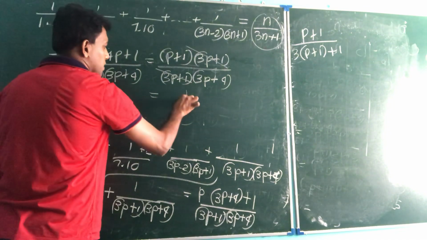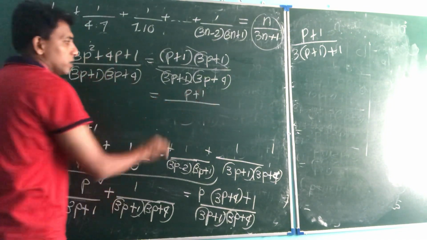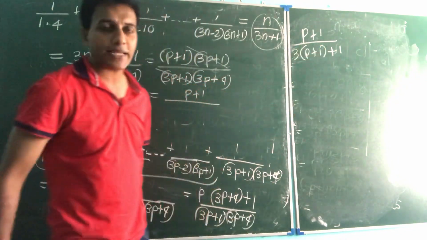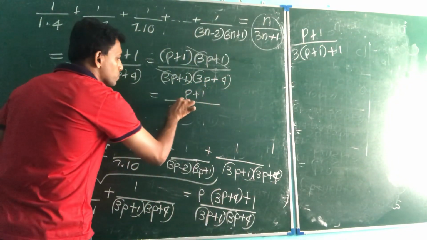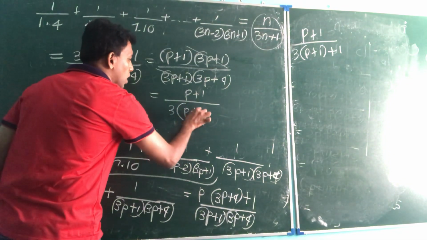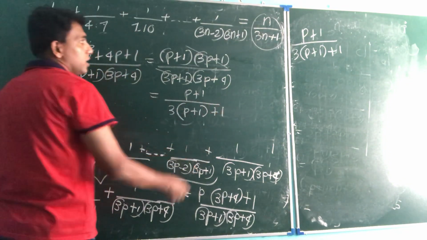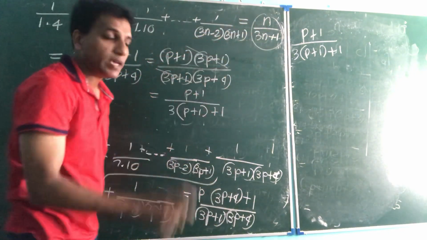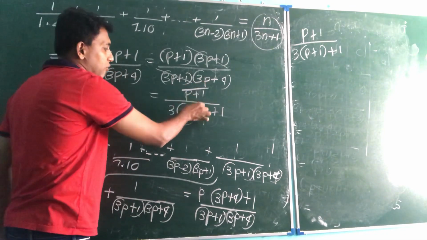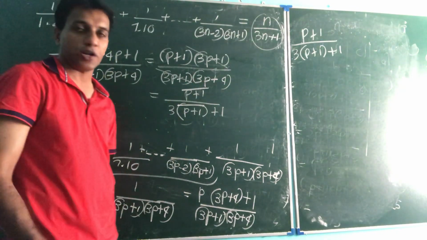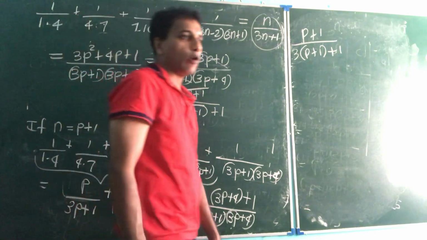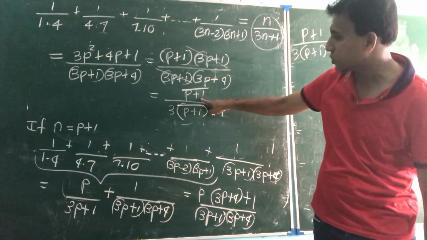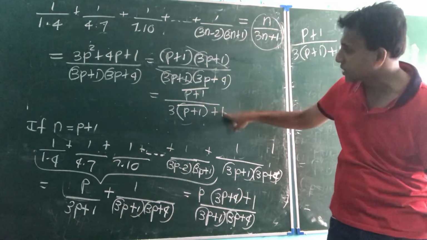Can I write the 3p plus 4 like this pattern? 3 into (p plus 1) plus 1. Therefore, in the original problem, if you substitute n for p plus 1, what would it be? n for p plus 1, n for p plus 1 plus 1.